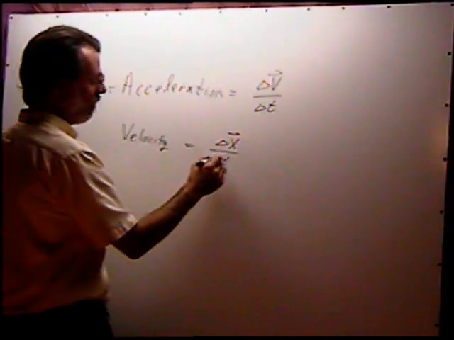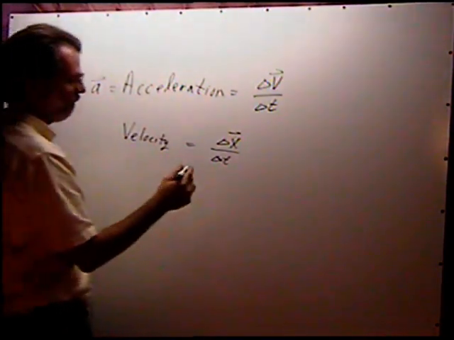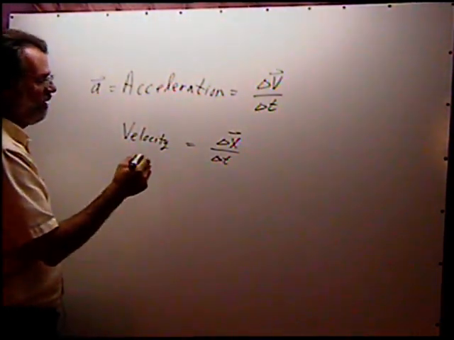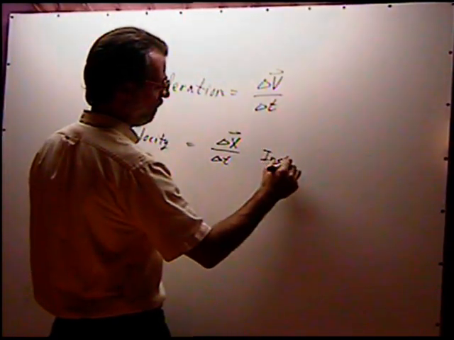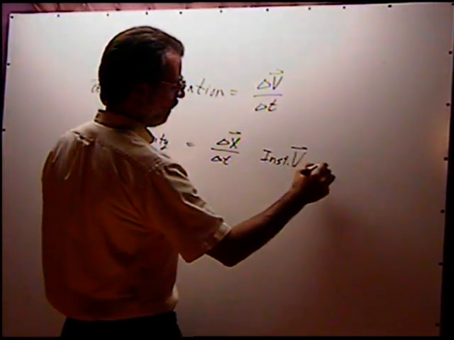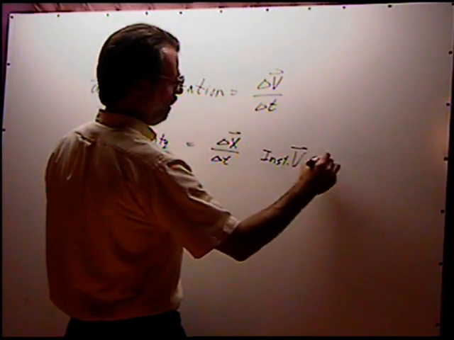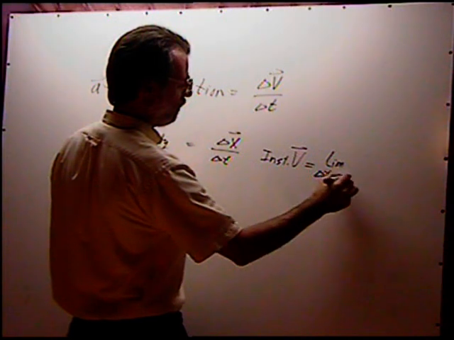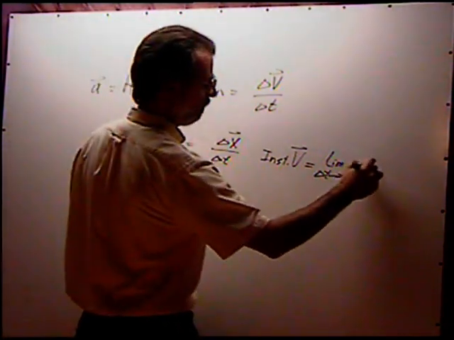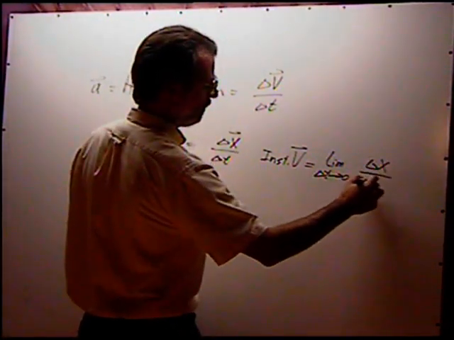Using a calculus point of view, the instantaneous velocity is the limit as delta t approaches 0 of delta x over delta t.